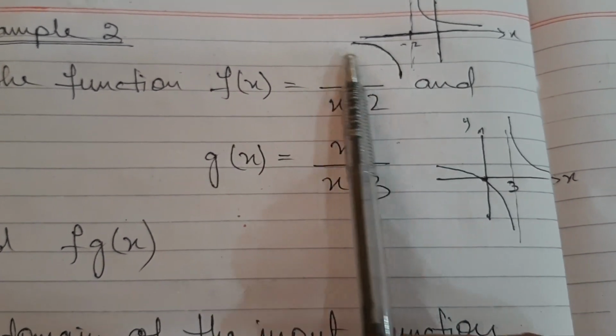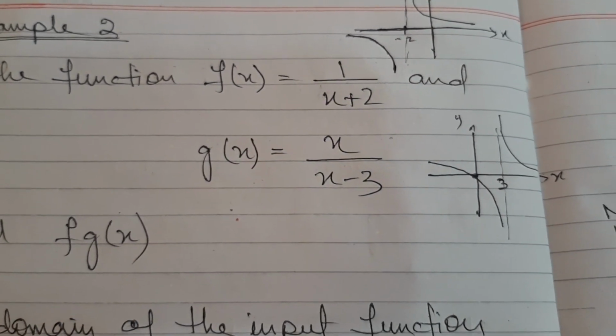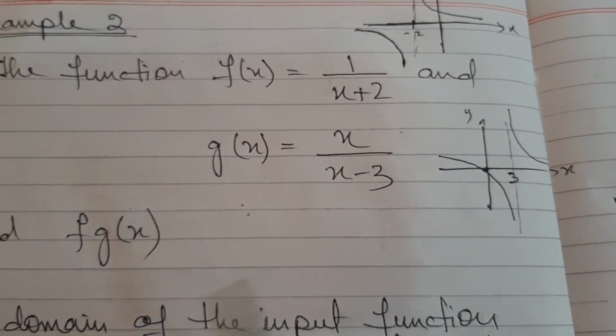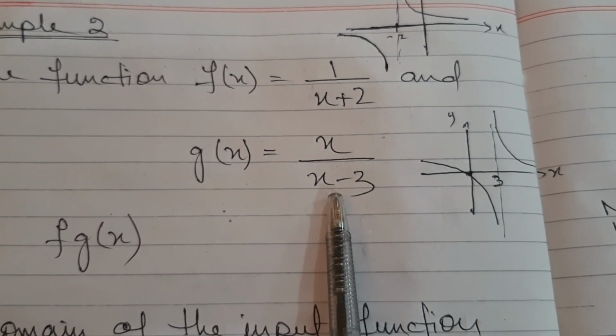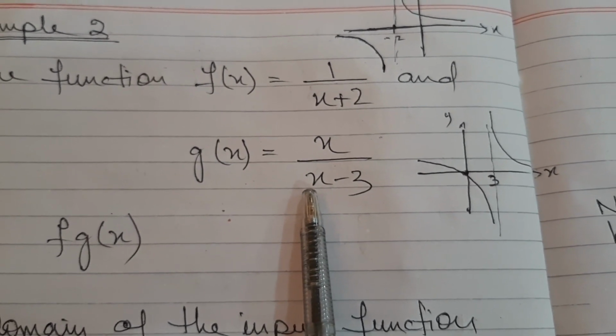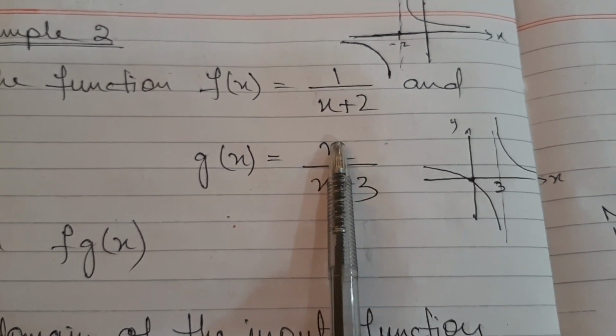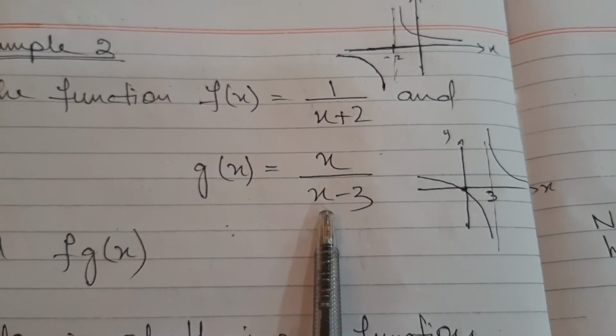So this function can take all values of x except minus 2. Agreed? Similarly, this function can take all values of x except x equals 3, because then it will be 3 divided by 0, which is undefined.